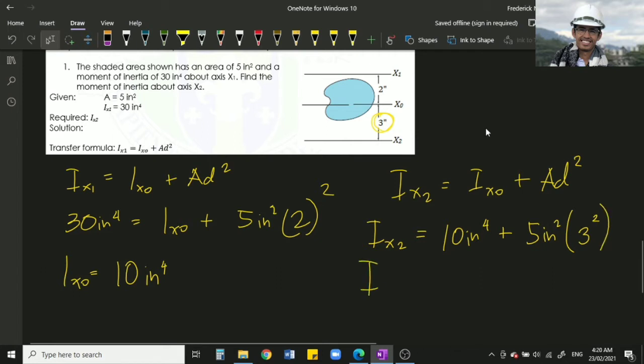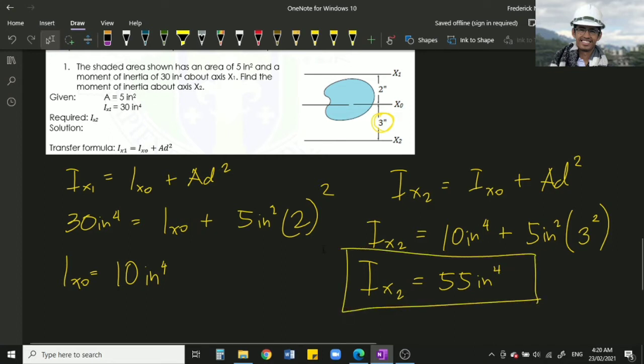So the moment of inertia with respect to x2 will be equal to 55 inch raised to 4. Okay.